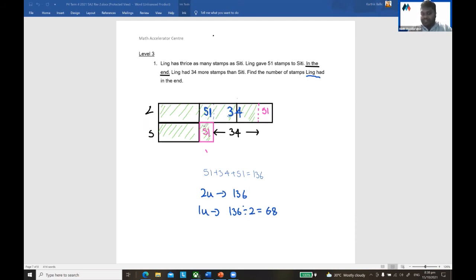There are many ways you can do this. So this is 68. You can simply take 68 plus 51 plus 34 equals 153.